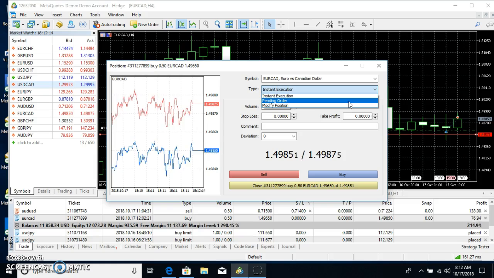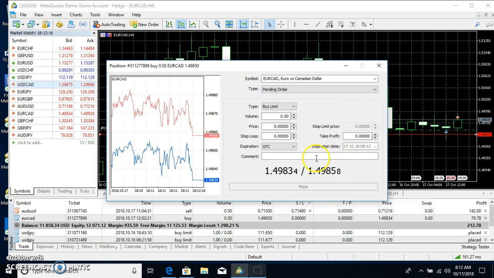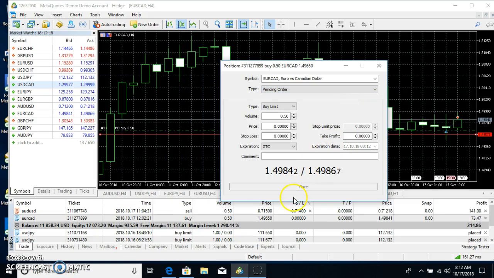Pending order. I'm looking at this. It says 49.65.